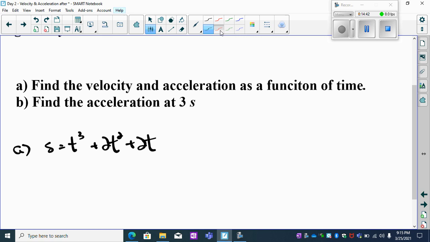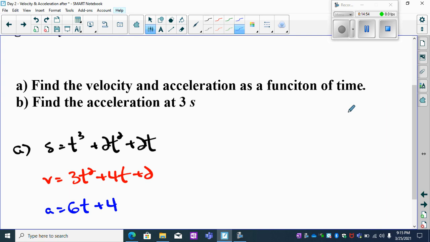Pretty simple. Velocity is just the first derivative. And acceleration is the second derivative. Okay? Nothing spectacular or tough there.